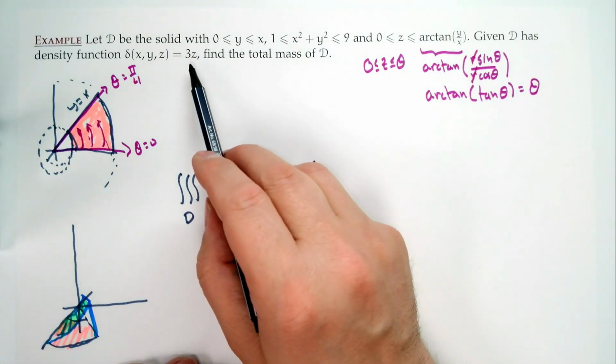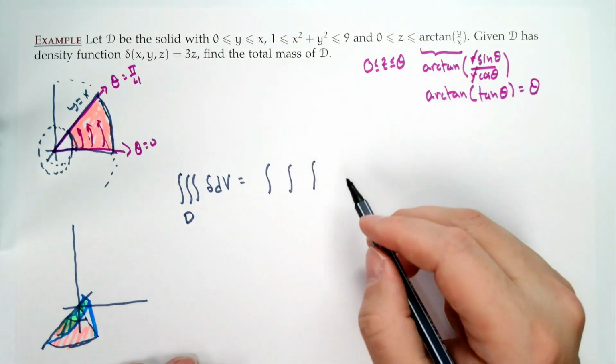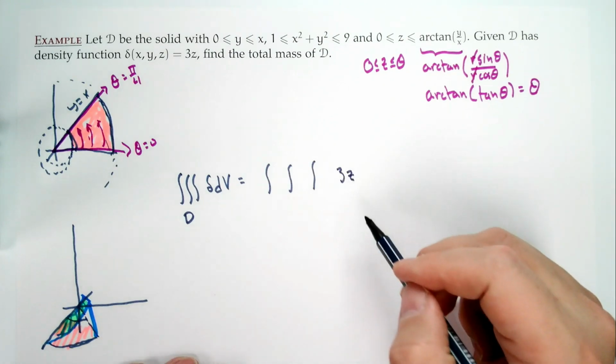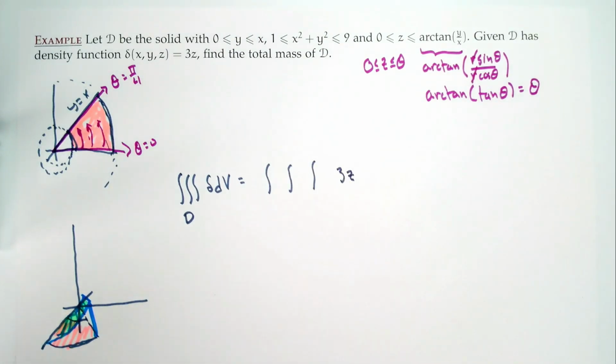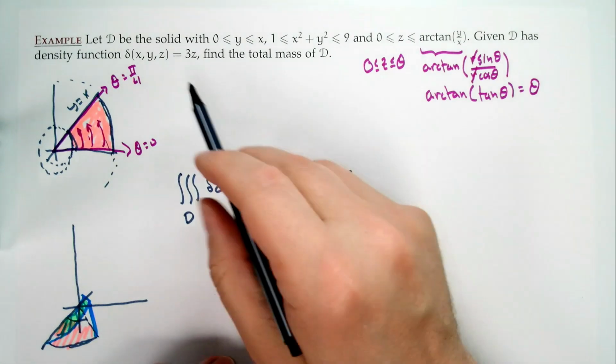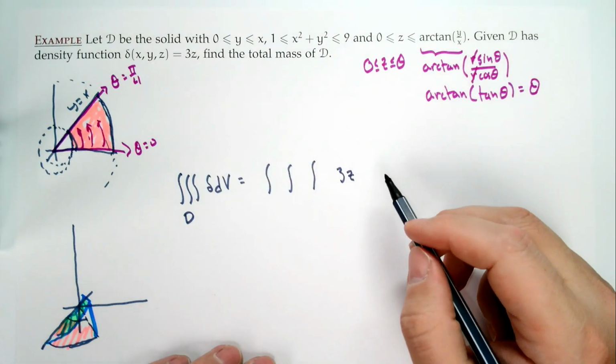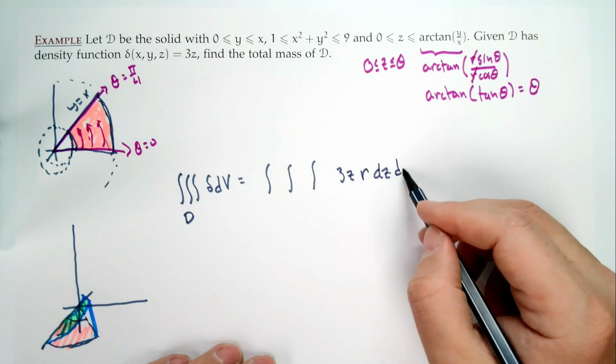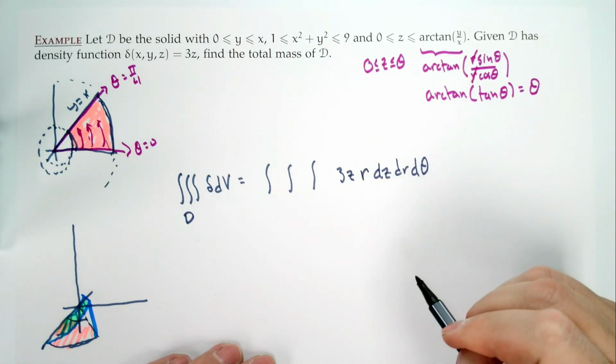Density, in Cartesian coordinates, is 3z, and in cylindrical coordinates we get 3z. Another nice thing about this choice of cylindrical is it's very easy to adapt our density. Our dV is r dz dr d theta.